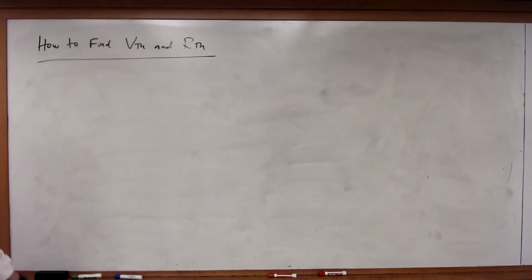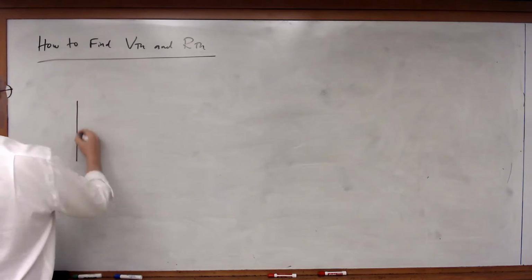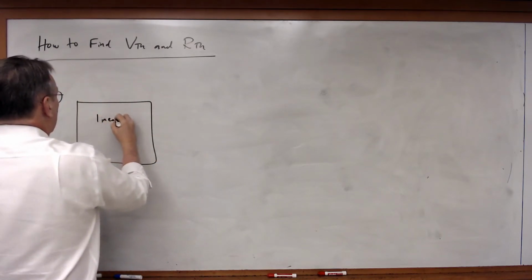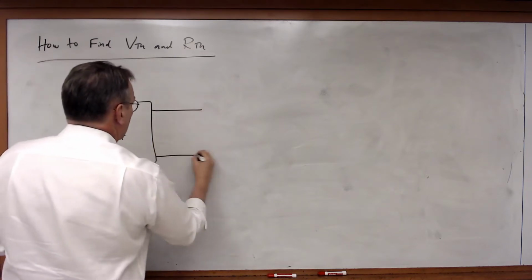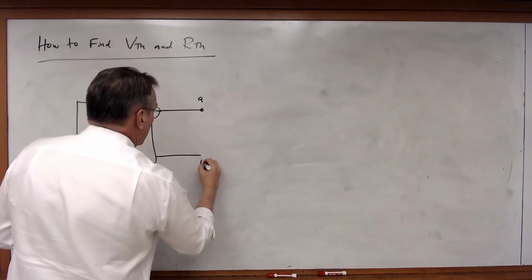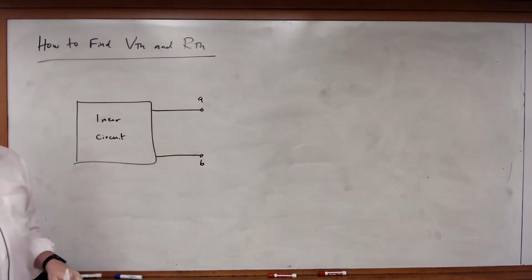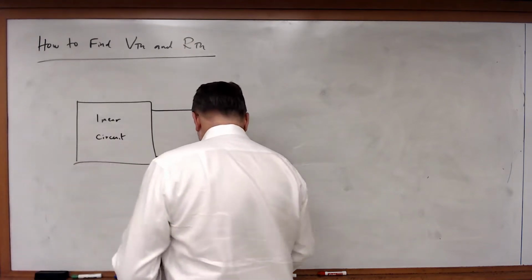So how do we find Vth and Rth given a linear circuit? Well, let's say we have a circuit. We have nodes A and B, and I want to perform a transformation into a Thevenin equivalent circuit.